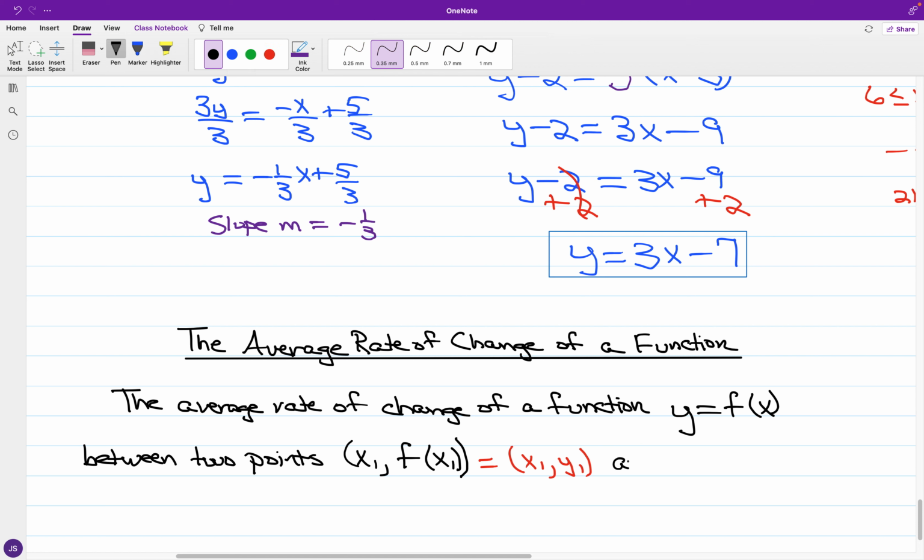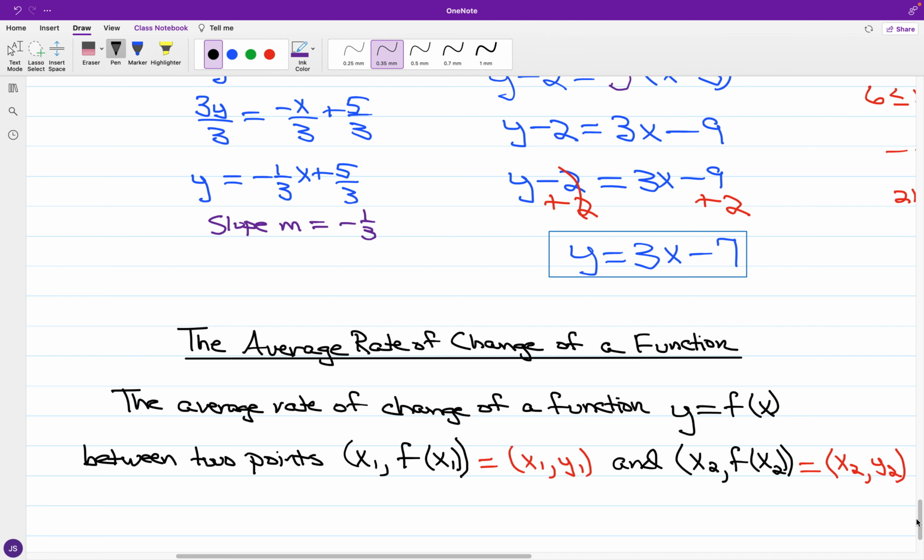And the second point, we have with x2, f of x2. Which is the functional notation counterpart to what is essentially x2, y2.